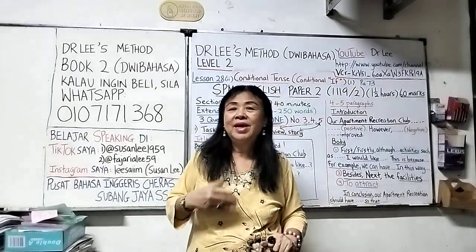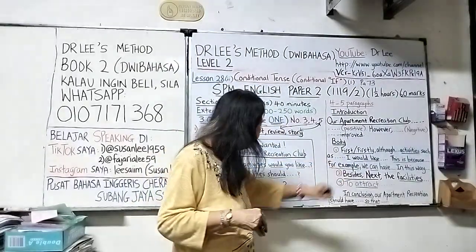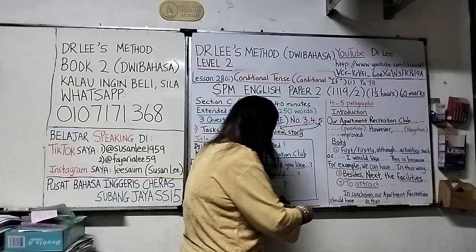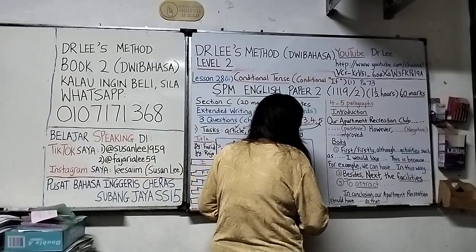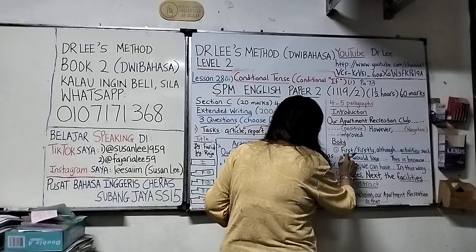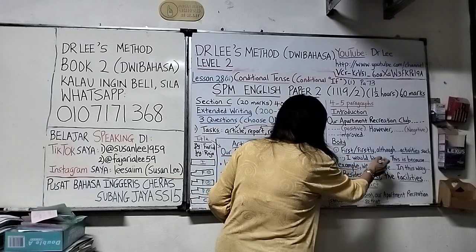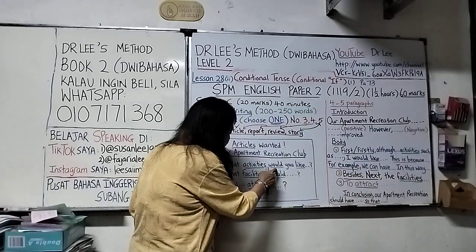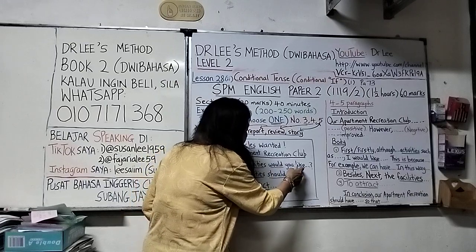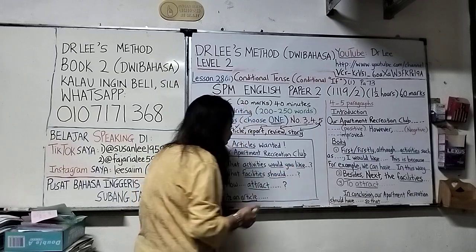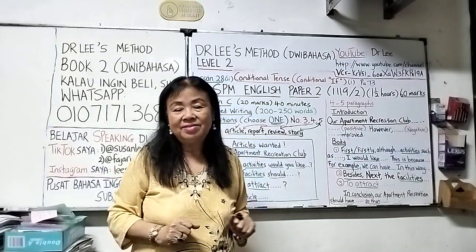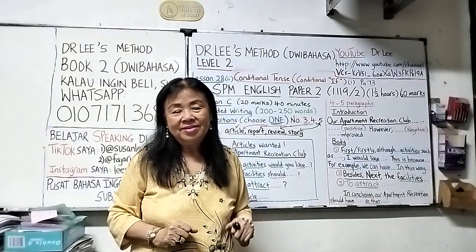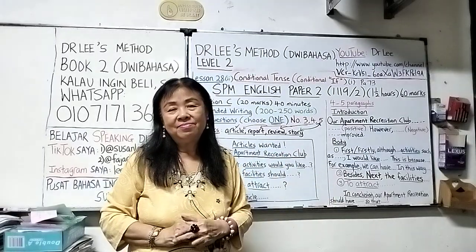Although, and then you put a comma. You put a comma. Blue. Such as what? Comma. I would like, that means I answer the first question. Would you like so? I would like. I would like more activities in our club.